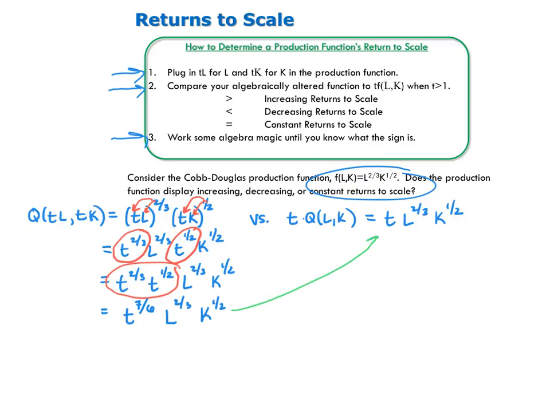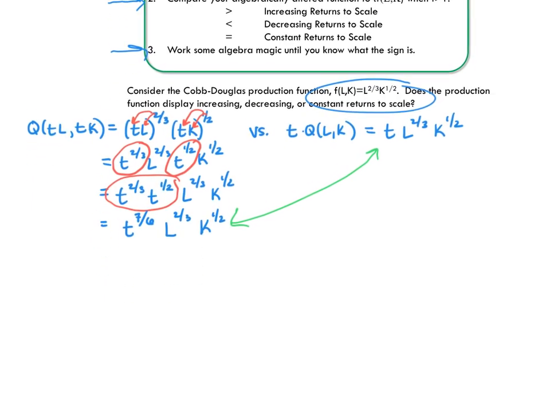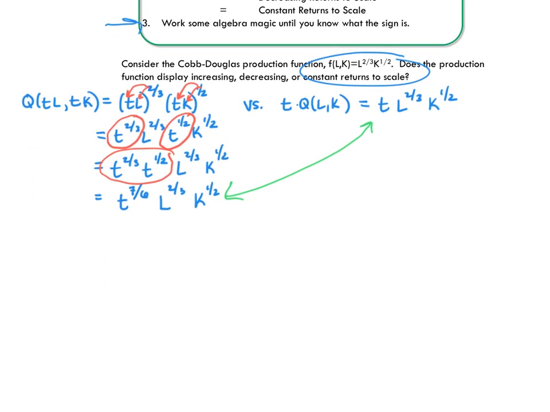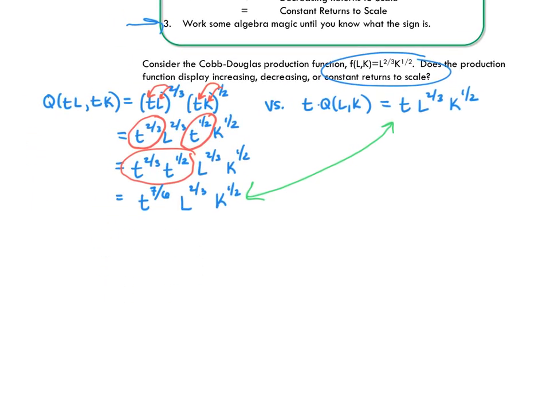Again, I'm trying to compare these two things. And when I look at it, what I want you to see is that on both sides of the screen, I have the same L to the 2/3 K to the 1/2. So that's the same on both sides, which means the only difference is that on the left I've got t to the 7/6, and on the right I just have t.